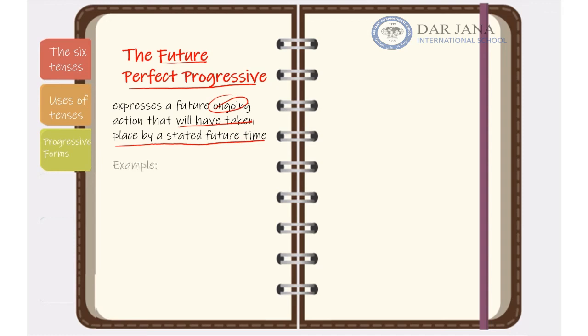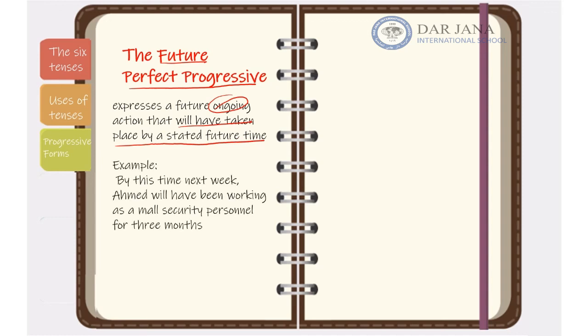Okay. An example is a very good indication here to help you with that. By this time next week. Again, the whole thing is a time post. Okay. So it's a future occurrence. By this time next week, Ahmad will have been working as a security personnel for 3 months.